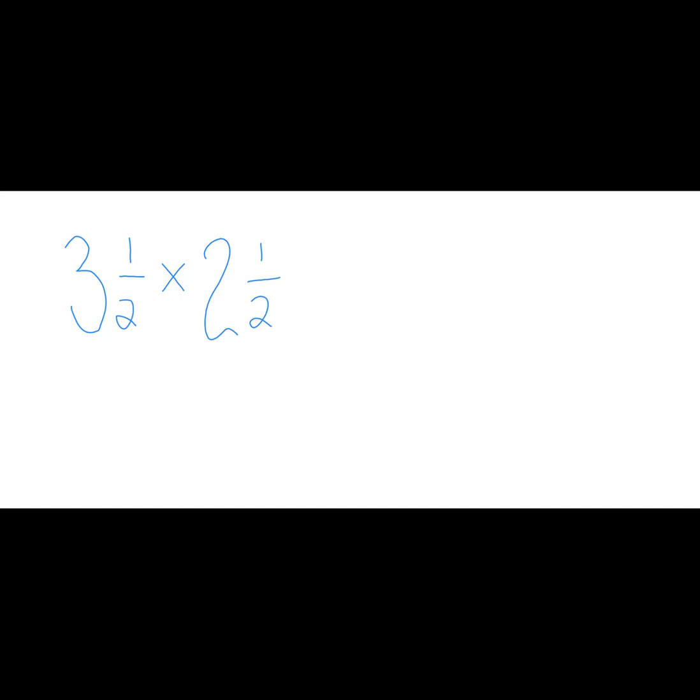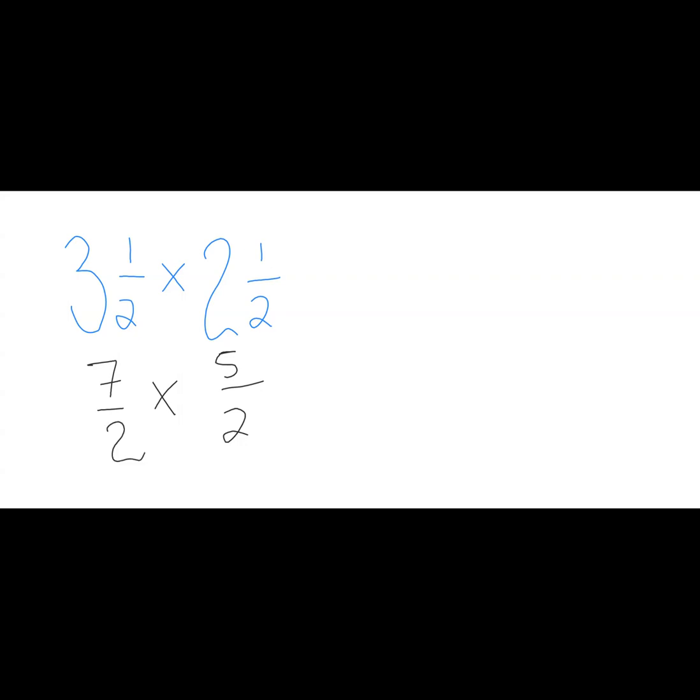So 3.5, written as an improper fraction, is 7 over 2, multiplied by 5 over 2. Everybody agrees?